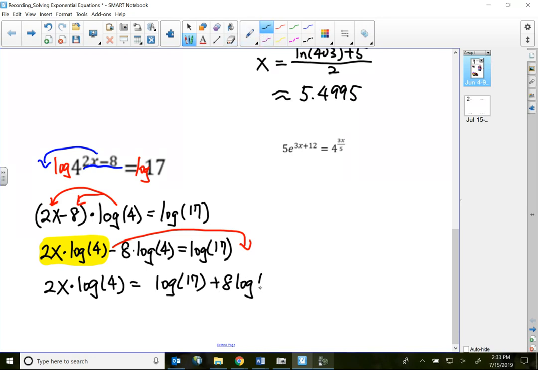So this is only one term on the left, right? x is the variable, so 2 and the log of 4 are the coefficient. Now I just divide all the terms by the coefficient, which is 2 times log of 4.